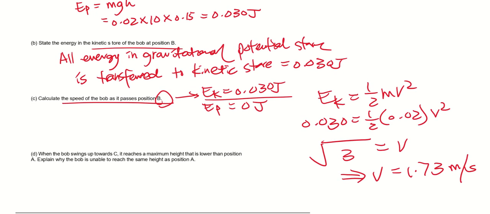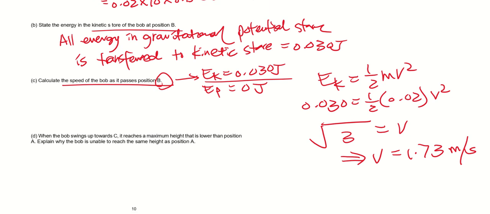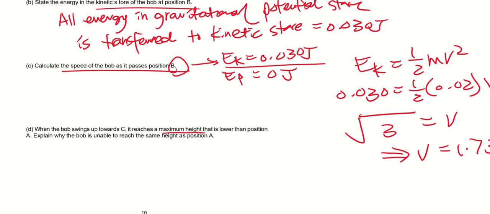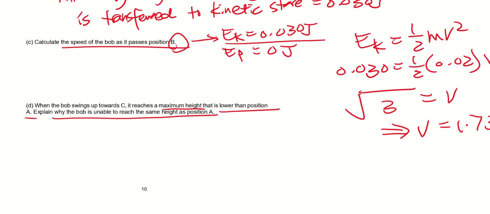Now D: when the bob swings up towards C, it reaches a maximum height that is lower than position A. Explain why the bob is unable to reach the same height as position A. Because this is not an ideal pendulum, there is going to be air resistance.